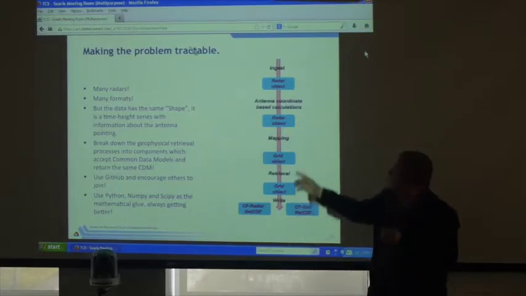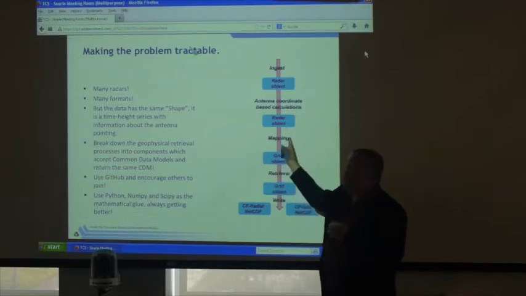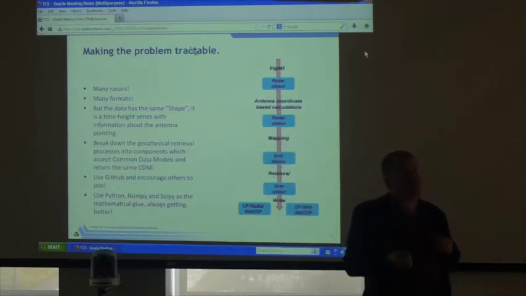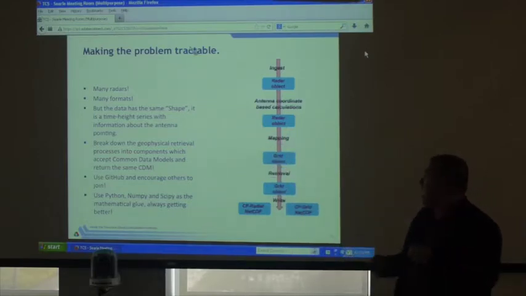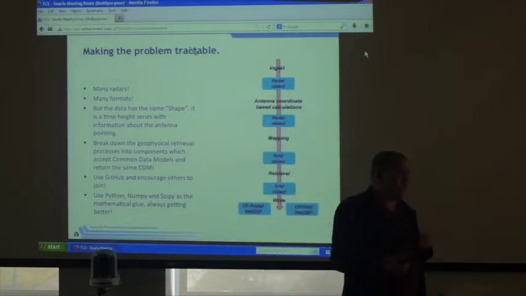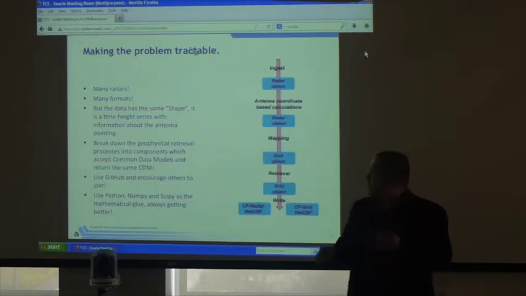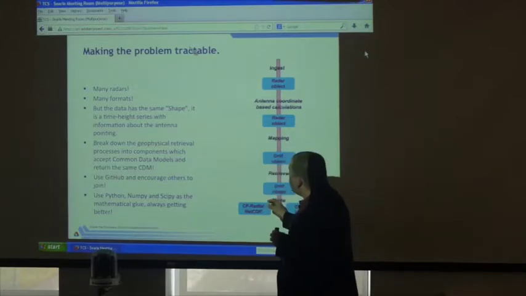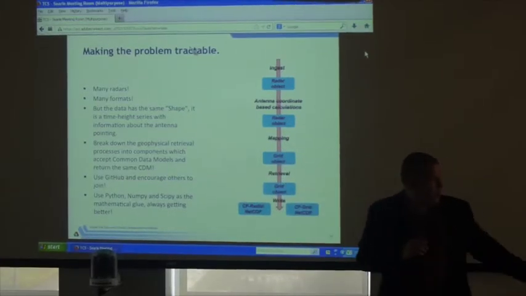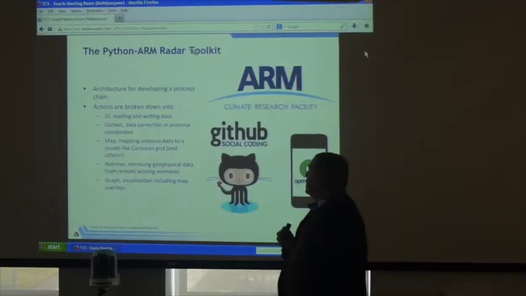We want to do corrections in antenna coordinates of range, azimuth, and elevation. I want to map them to a model-like grid that is in X, Y, and height. And I want to do retrievals on them to get from nasty, nasty things like radar reflectivity to things like rain rate, number of drops per cubic meter, wind directions. So what we do with this is we build an architecture called the Python ARM Radar Toolkit.